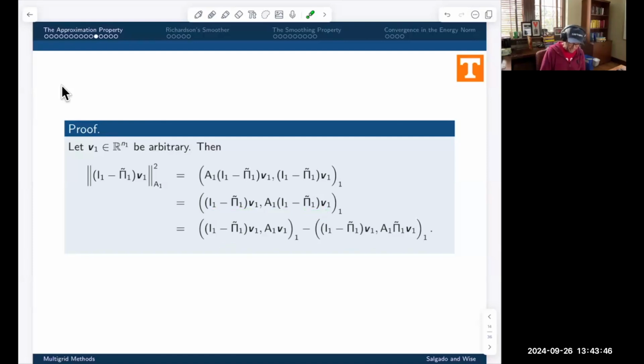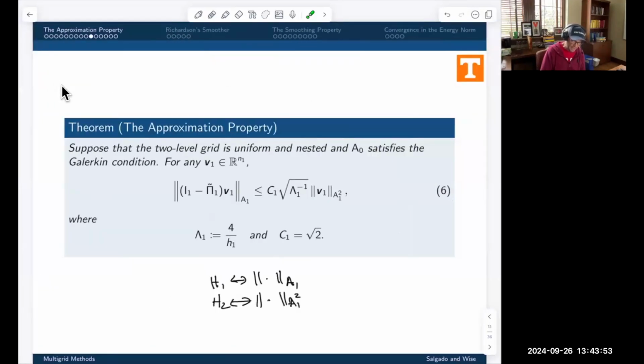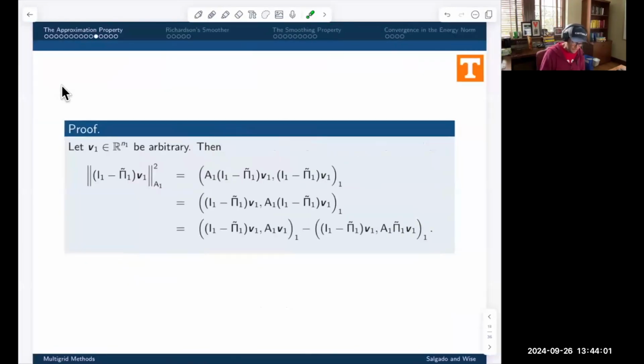Now, I want to show that this term here is actually equal to 0. What assumptions do we make in order to get that? We need to assume that A0 satisfies the Galerkin condition, in other words, that A0 is equal to the wrap. So the Galerkin condition means that A0 equals R0 A1 P0, the wrap condition.